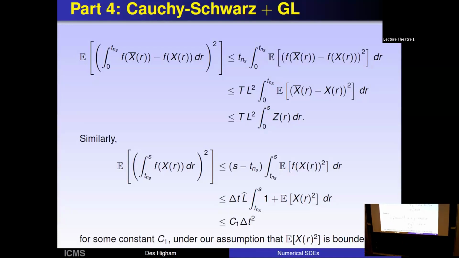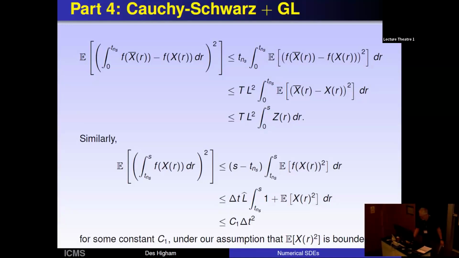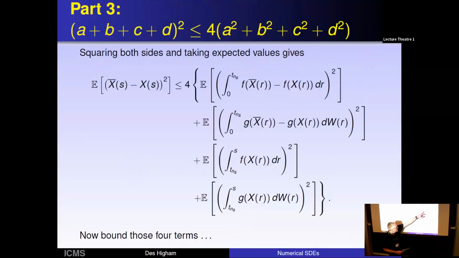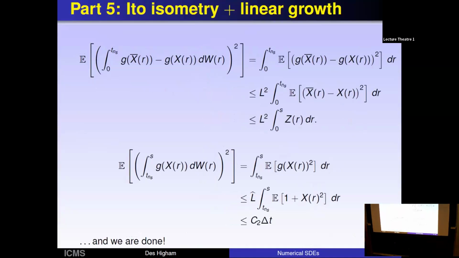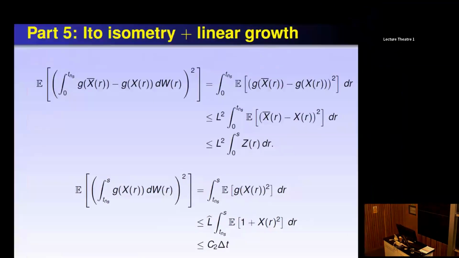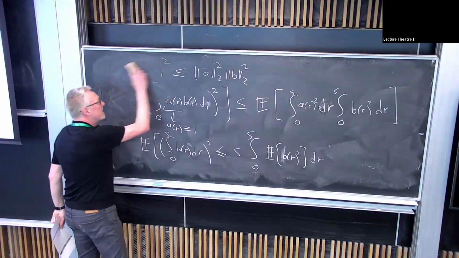What about the stochastic integrals? So if we go back, there's a stochastic integral here and one here. We have to do a bit more with those. So there's something called the Ito isometry, and the Ito isometry allows us to go from stochastic to deterministic integrals.